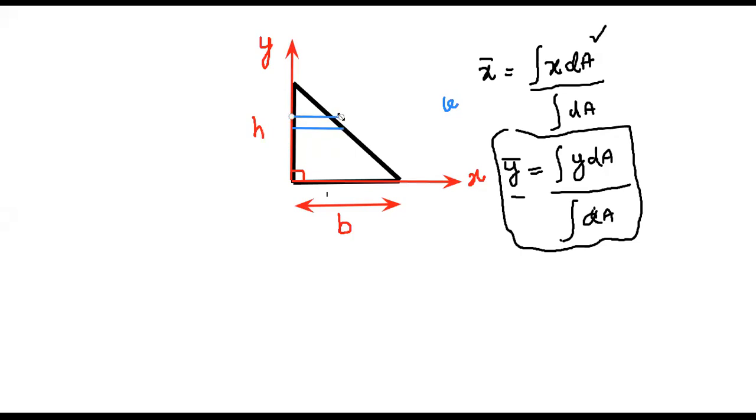So by this way, let's consider this to be our small area element, which is in the form of a rectangle, and we say this area element has an area equal to dA. Now this base of this area element dA is equal to x, and its height is small, let its height be equal to dy.